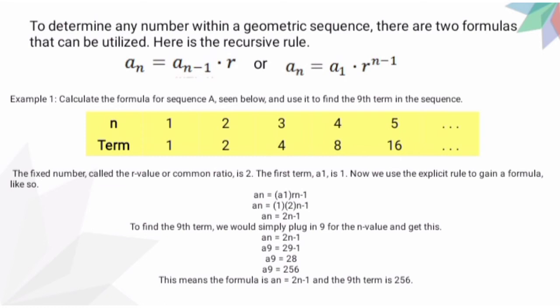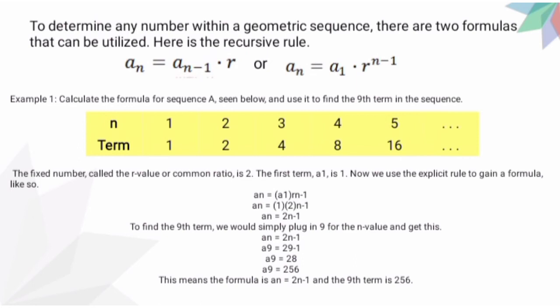In the example, calculate the formula for sequence A seen below and use it to find the ninth term in the sequence. In the example in the table, the fixed number called the r value or common ratio is 2.